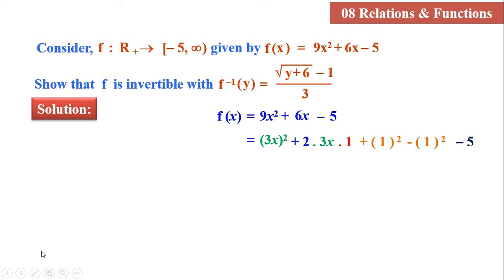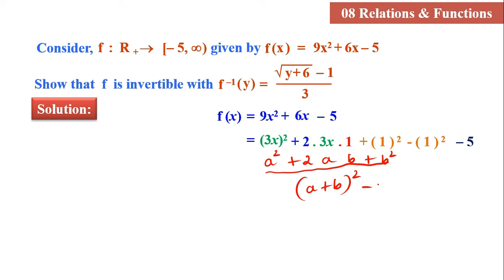Why can I write like this? If I write a² + 2ab + b², this is the formula called (a + b)². So that I am going to get −1 − 5 and the (a + b)² form.